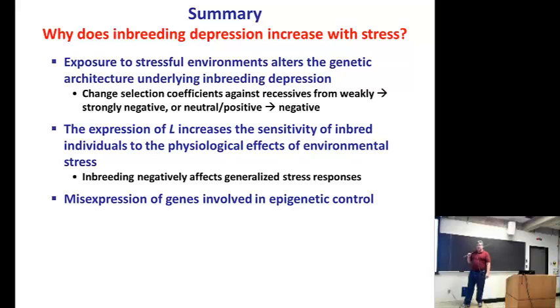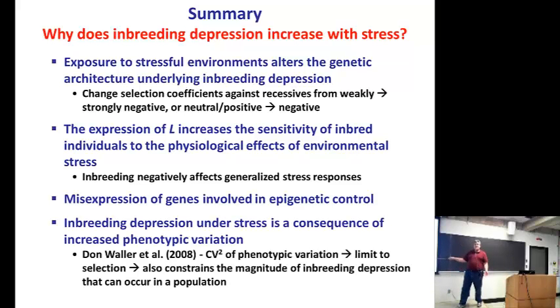The newest set of ideas has to do with epigenetic control, which is a huge topic nowadays and is involved in how organisms respond to environmental conditions. The proposal is that inbreds have screwed up epigenetic control of gene expression, so they can't respond well to environmental conditions and do poorly under stress.